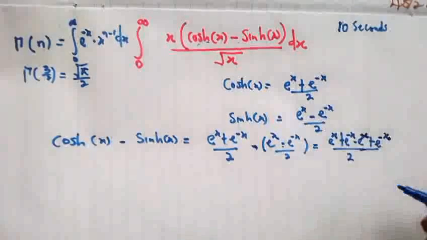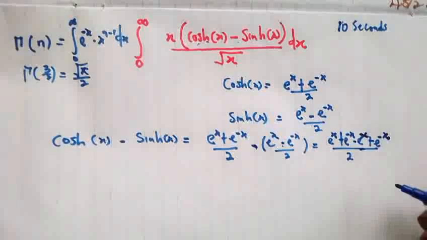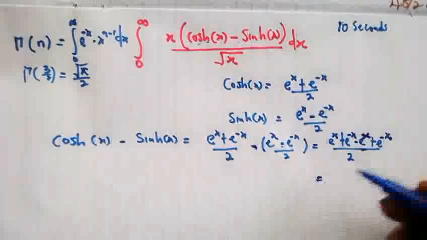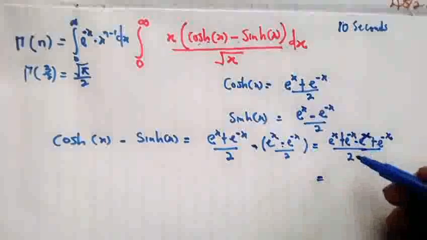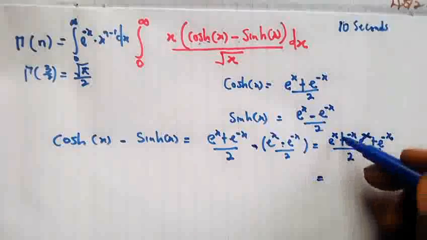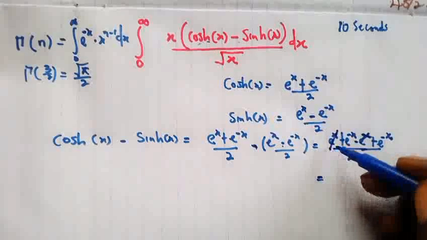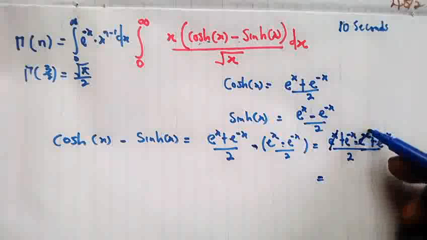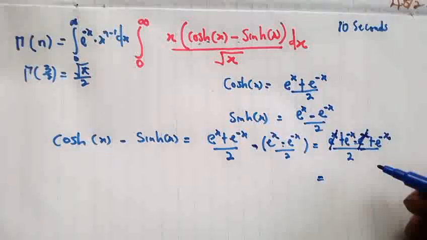So now what do we have here? We can simplify this. We all know that this e raised to x minus this e raised to x, the two are eliminated.